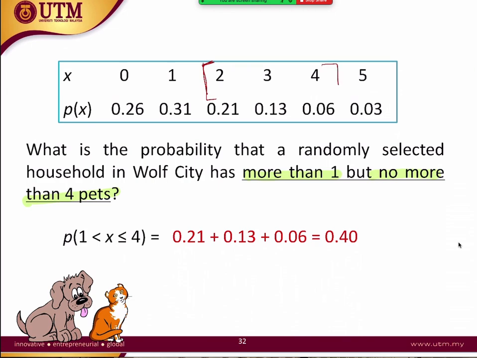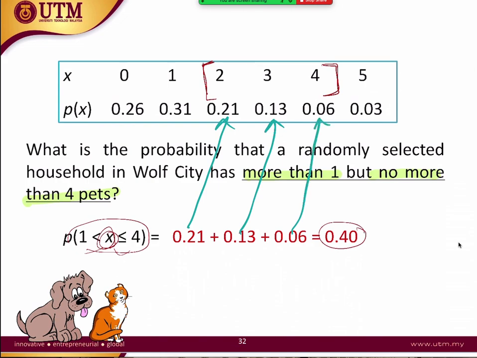The maximum is 4. You look at the symbol: x is more than 1 but less than or equal to 4, so you get 0.4. We only want to consider these 3 probabilities.